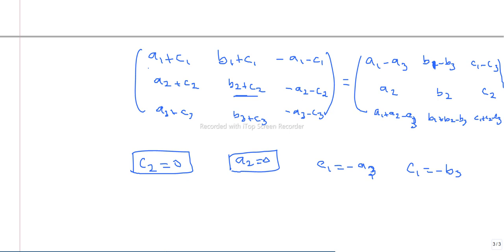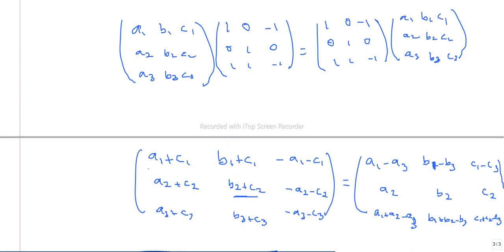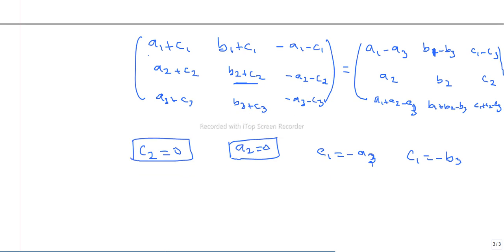Okay, similarly if you cancel, I think this is minus A1 minus C1. Okay, so what is minus A1 minus C1? If you compare the third coordinate, it should be equal to C1 minus C3.